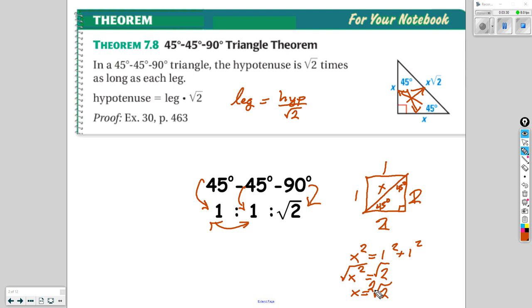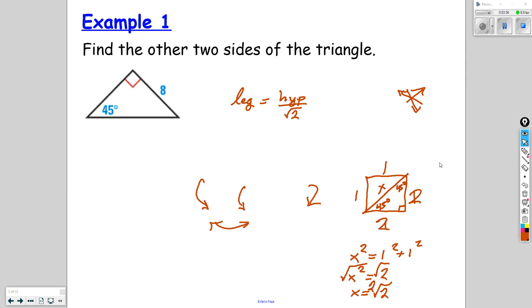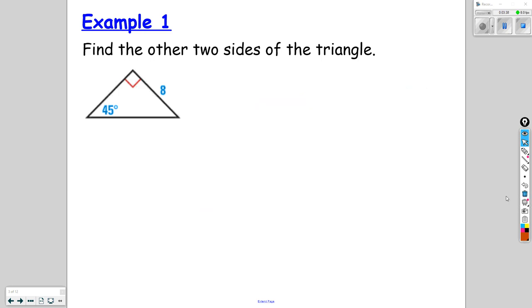Okay, so now let's use this. Okay, got to clear the board first. So in example 1, we have a leg of 8 units, and we know that's the leg because it's opposite that 45-degree angle. So just using our ratios here for a 45, 45, 90-degree right triangle, which is 1, 1, root 2, the other leg is also going to be 8.